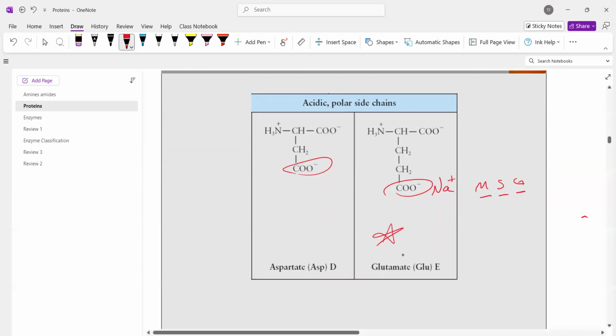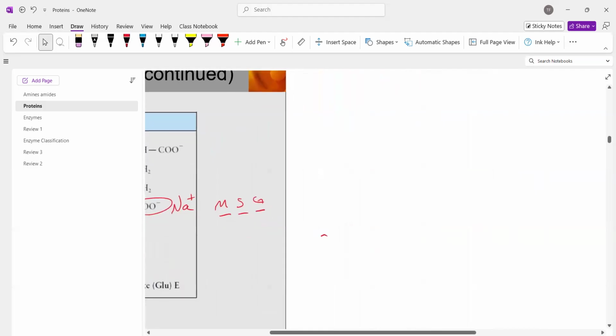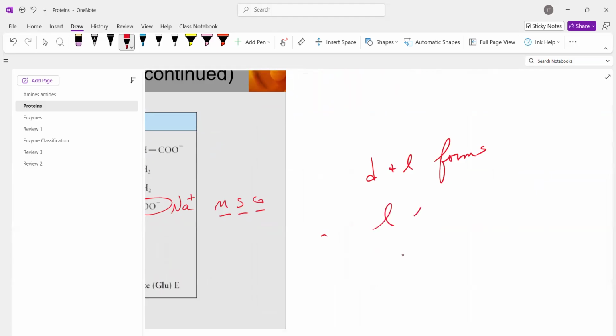And the problem with MSG is when you buy MSG, and I cook with MSG because I'm not affected by it, you get the D and the L forms. And as I mentioned before, the L forms are the natural ones.